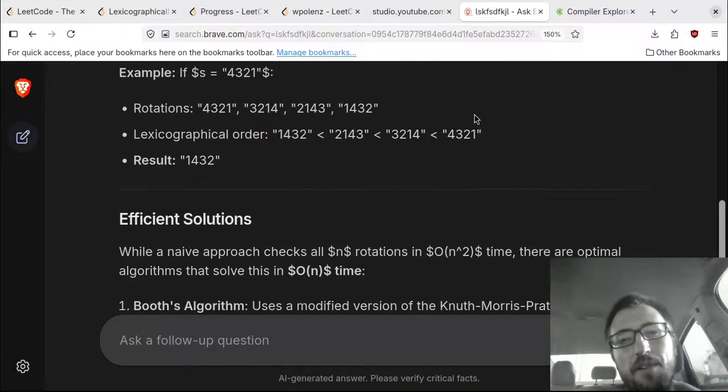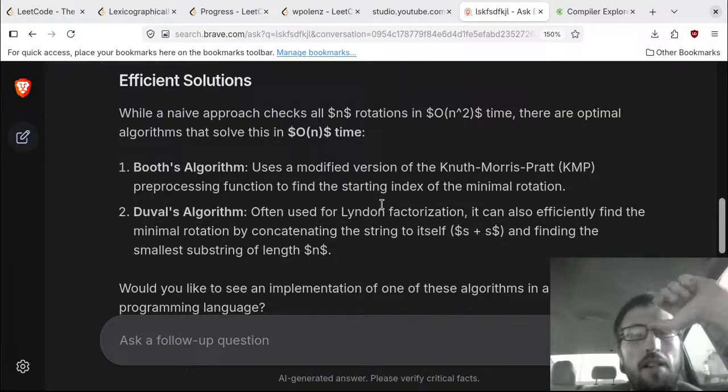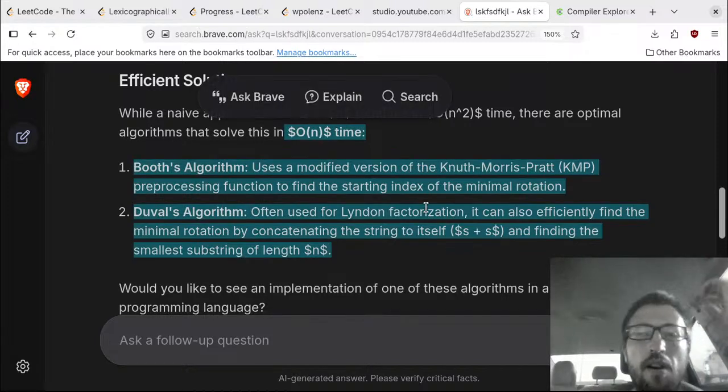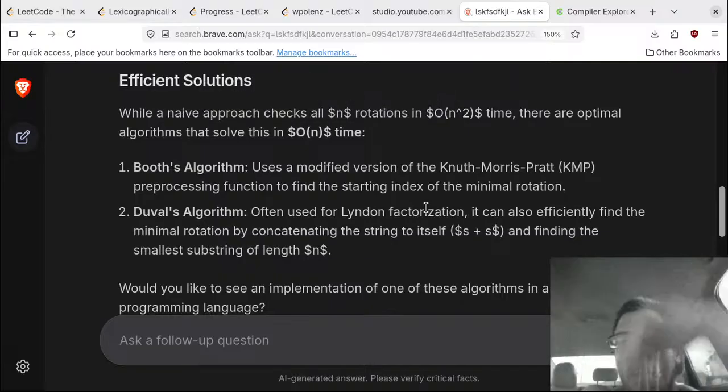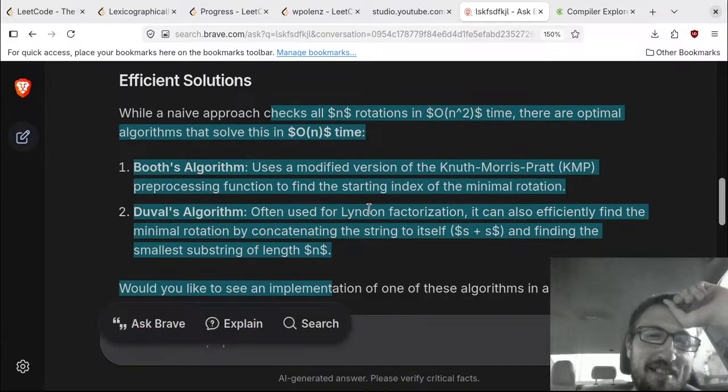The KMP algorithm and the Z function kind of resolve similar things, just in different ways. A lot of times you can't use them interchangeably completely, but you can modify them and interchange them in that sense. Find the starting index of the minimal. I was thinking that, can I use a modified KMP for this? Booth's algorithm. Okay.